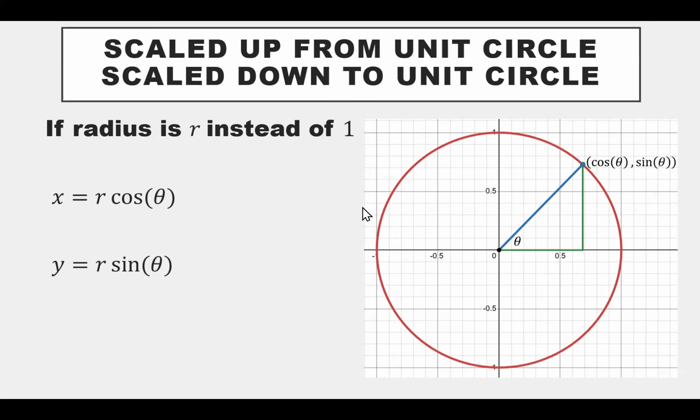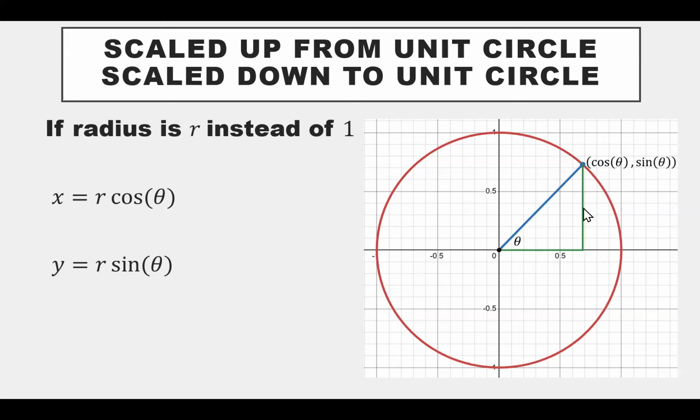So how does this compare to the sine and cosine definitions on the unit circle? Well, on the unit circle, remember cosine of theta is the x value. Sine of theta is the y value. We can visualize that as lengths along the x-axis and lengths parallel to the y-axis.